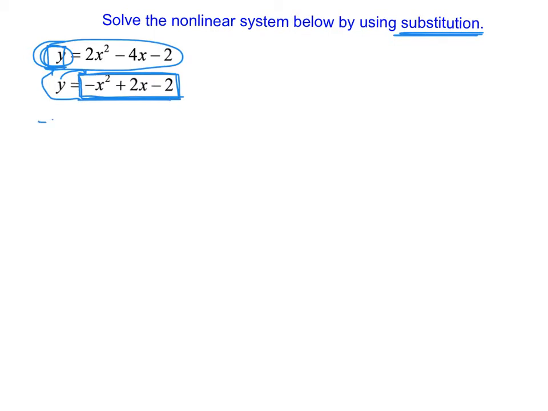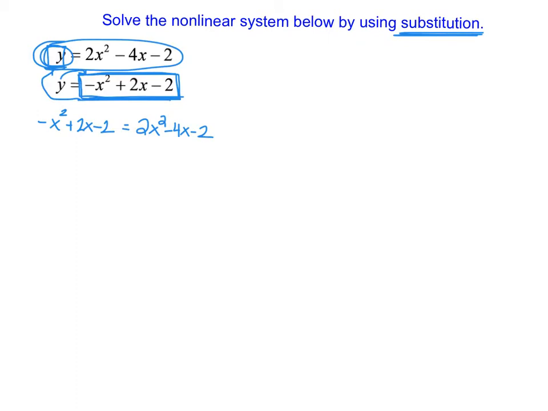So we have negative x squared plus 2x minus 2, and that all goes in place of y, and that's equal to 2x squared minus 4x minus 2. I've used the substitution strategy to substitute what y is equal to into another equation.